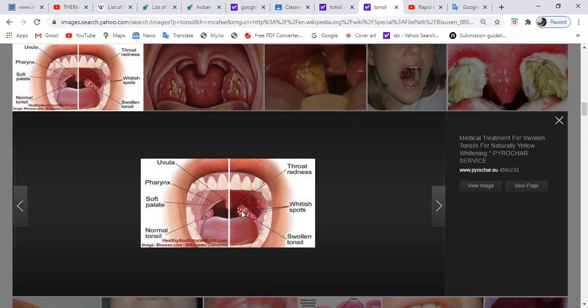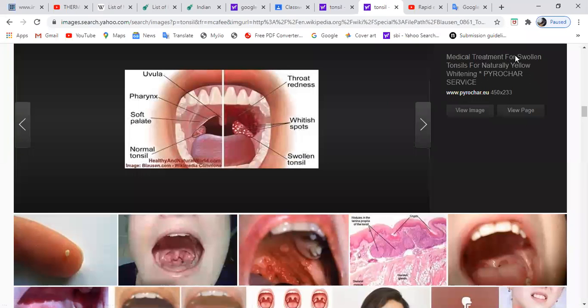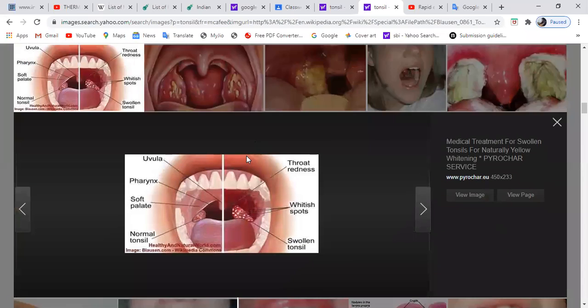The whitish spots that can be seen over these swollen tonsils indicate an infection, which is also shown in other diagrams. So swollen tonsils can cause severe discomfort.